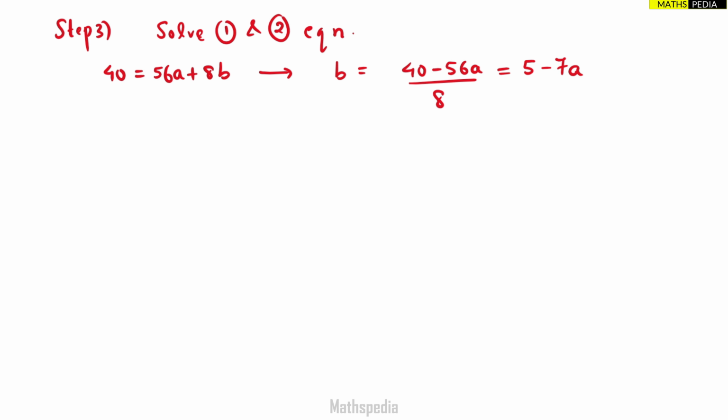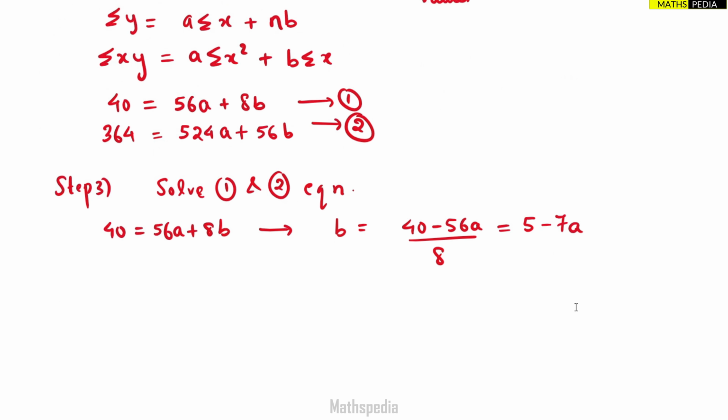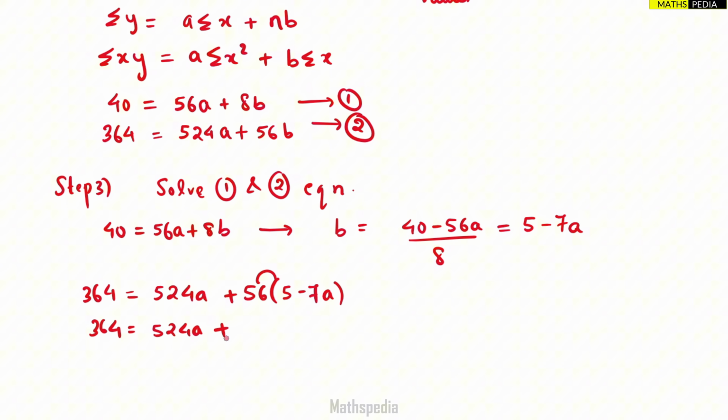Now substitute in the second equation whatever we are having over here. In the second equation, we are having 364 is equal to 524a plus 56b. Instead of b, I'm going to write 5 minus 7a. Very simple. Now, what will happen? 364 as it is equals 524a plus, multiplying 56 into 5 is 280, so write 280 minus 56 into 7, it will be 392a, right?